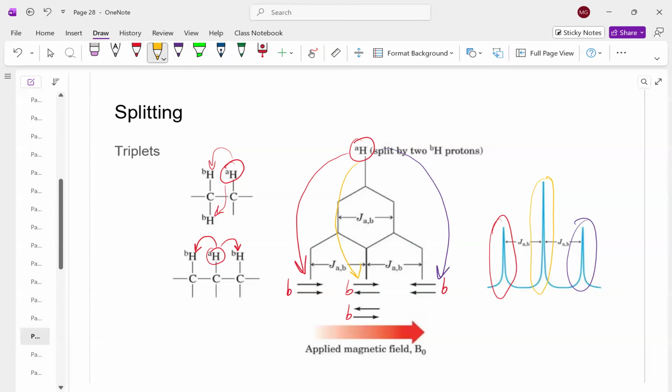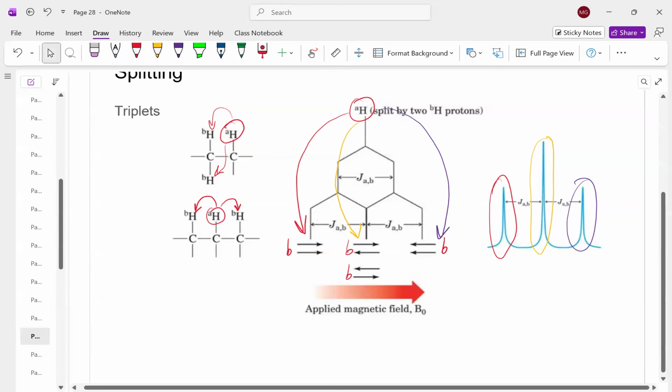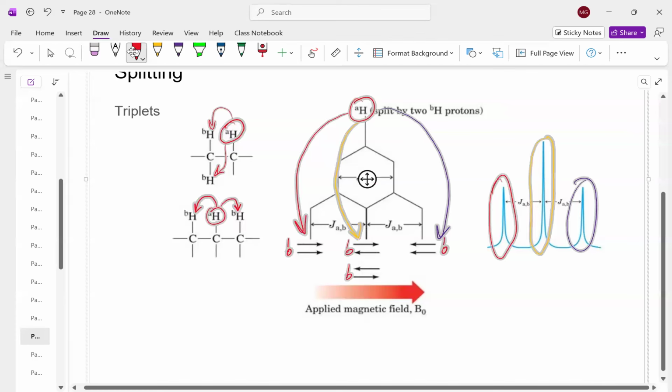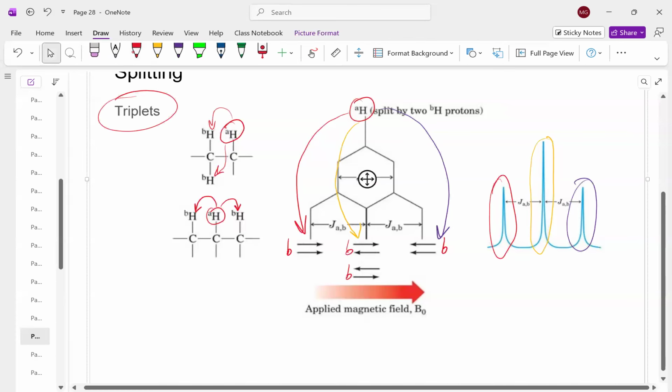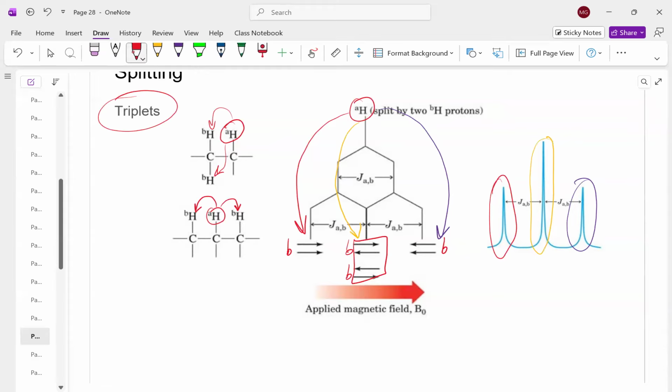Now we lump all three of those into one, and this ends up being a triplet. Now notice that there are twice as many instances here of one B going one way and one B going the other way. And that's why this middle peak is twice as high as the outside peaks.